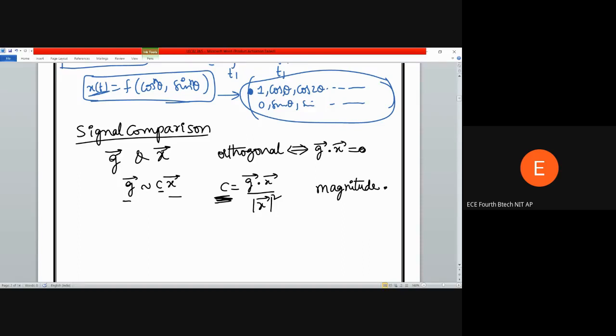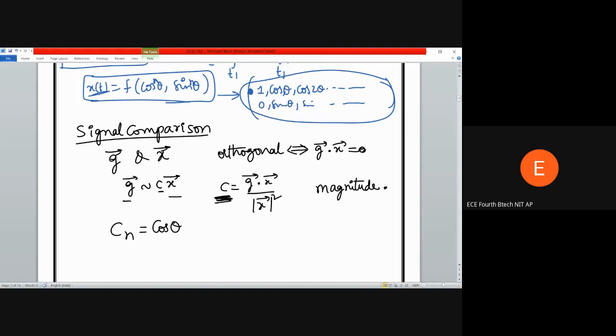Because of that reason, we will define the normalized value of C, which we call Cn, the normalized C value, and we define this as cos theta. The reason is that theta tells whether the vectors are similar or not, so it doesn't depend upon the magnitude.